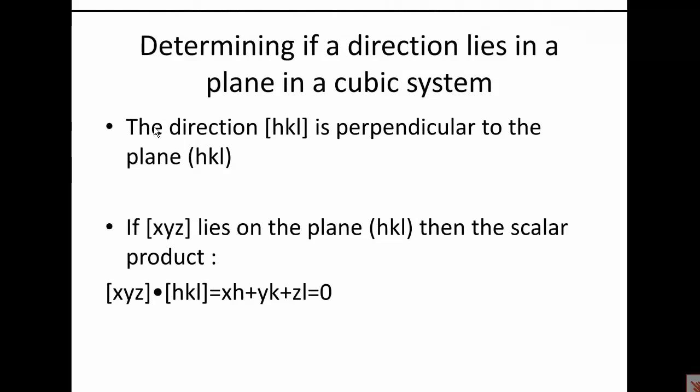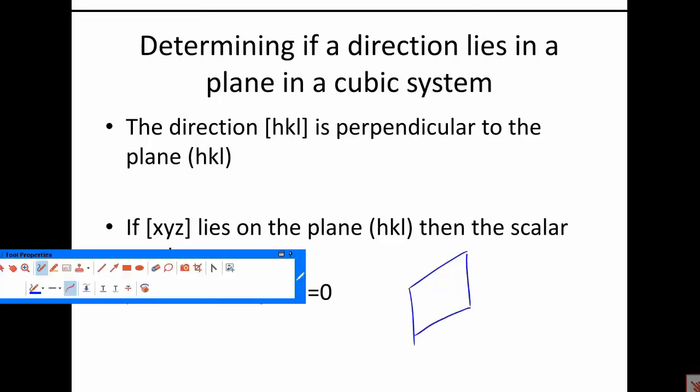We can use the property that the direction HKL is perpendicular to the plane HKL to determine if a particular direction lies in a plane. If a direction lies in the plane, the angle between them will be 90 degrees.